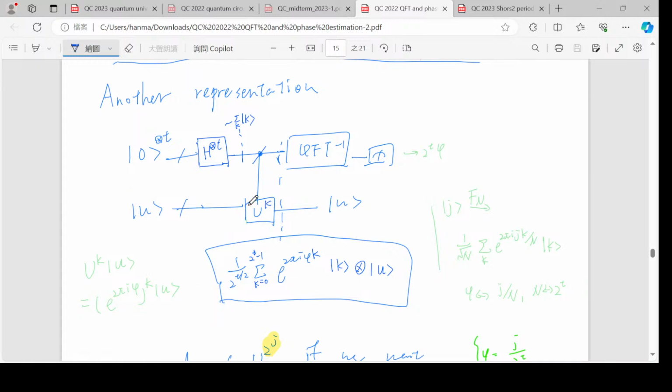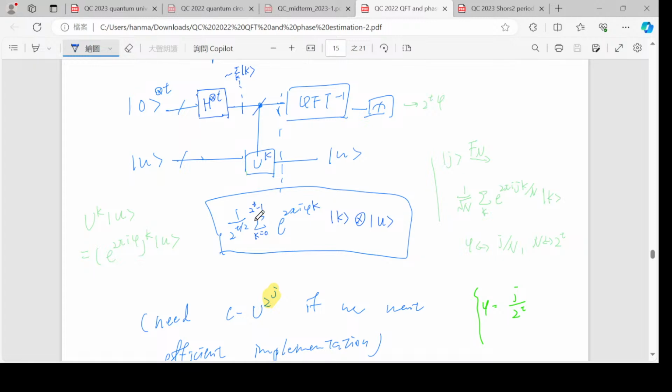And then you see that with all the phase kickback, you get a Fourier transform of your phase phi on the first register. So you just apply an inverse Fourier transform, and you will get your phase phi times 2 to the t, because Fourier transform is defined by a number between 0 and 1 instead of 0 and minus 1.